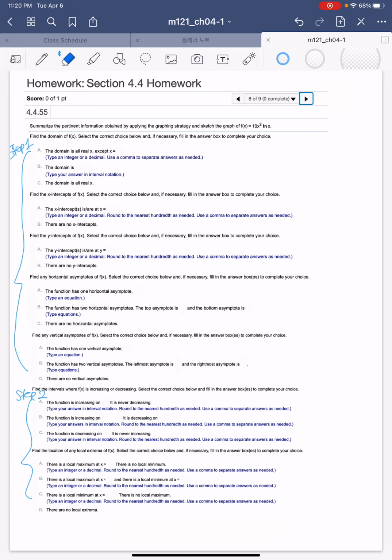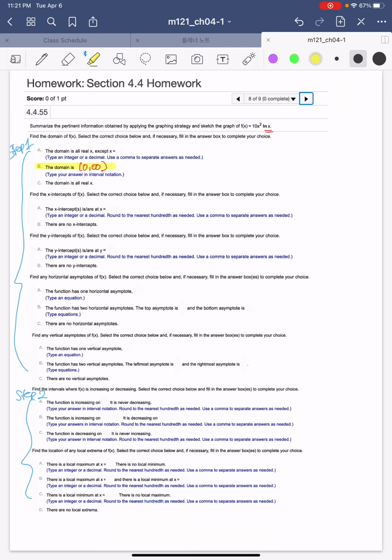The ln graph is only defined from 0 to infinity. So the best answer is the second one. We do have a domain restriction, and our domain is 0 to infinity because of ln. So let me highlight that.